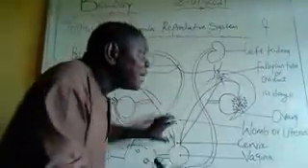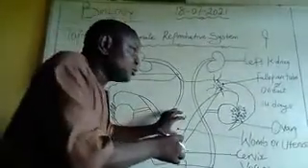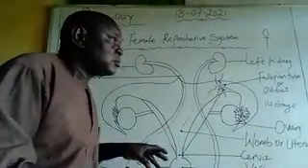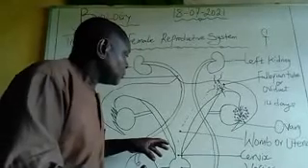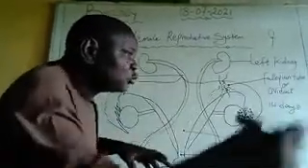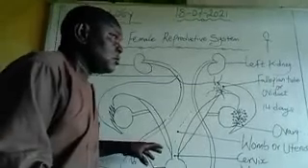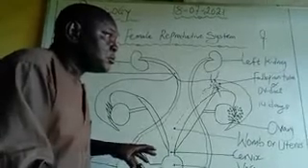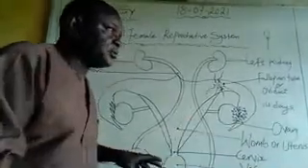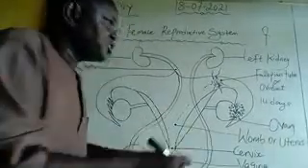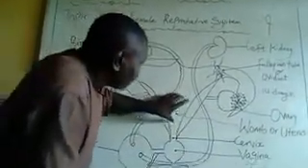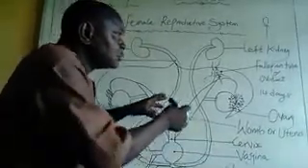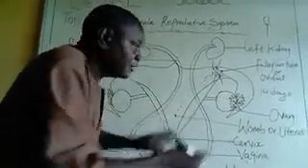The fertilized egg, the zygote, will remain here, developing from one stage to another: zygotic stage, embryonic stage, and fetus stage, until it becomes a baby.